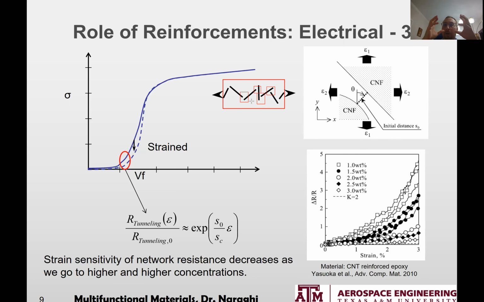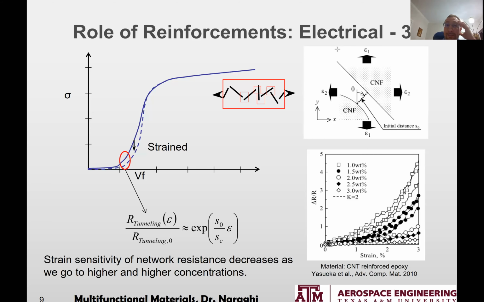But now the average distance between them goes up, which means it's as if I have fewer carbon nanofibers or carbon nanotubes per unit volume. And so if I was above the percolation threshold, which means I was conductive, now I'm moving towards the percolation threshold or perhaps below that. And so the resistivity can significantly go up.